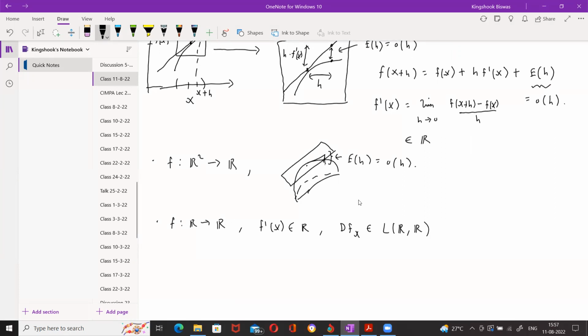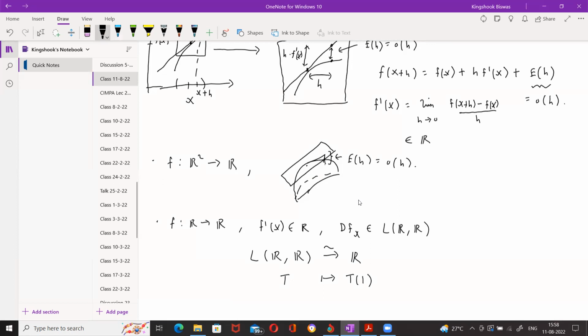The point is that since R is a one-dimensional vector space, the vector space L(R,R) of linear maps from R to R is isomorphic to R itself, right? And the isomorphism is just T maps to T of 1.